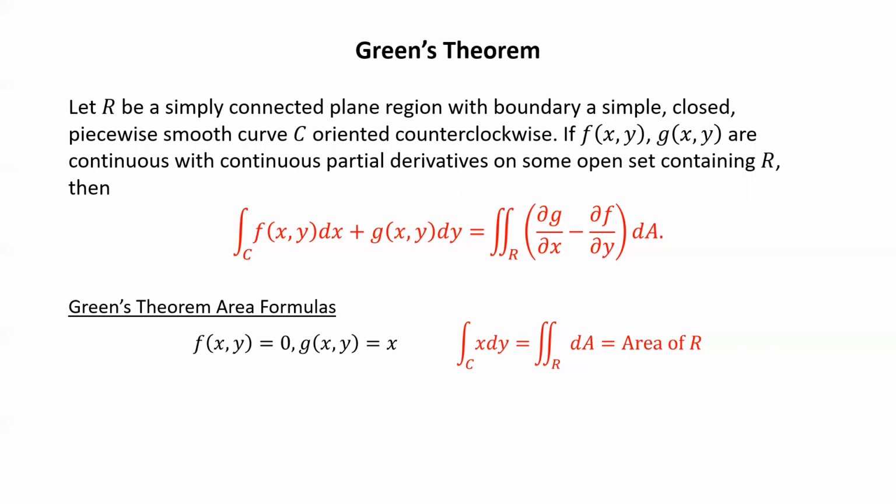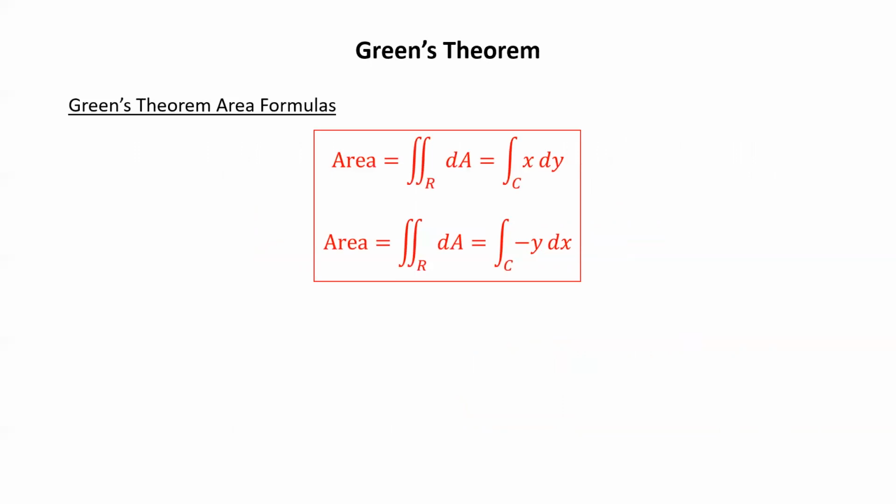And as we know, when you don't put anything inside a double integral, or equivalently there's a 1 there, you just get the area of the region. Similarly, if we replace f by negative y and g by 0, we get that the line integral over C of negative y dx is equal to the double integral over R of dA, which once again is the area of the region R. So this gives us two very nice area formulas involving line integrals.